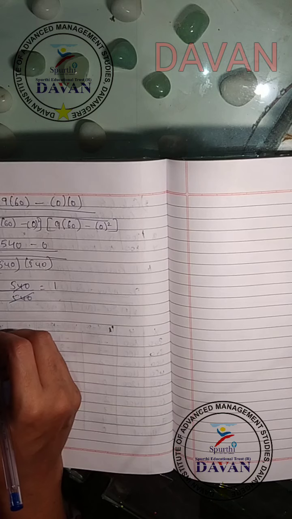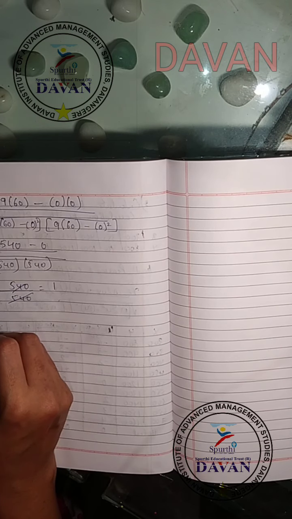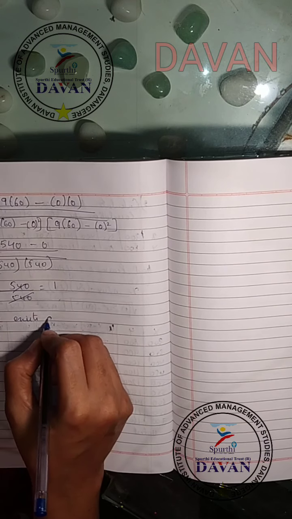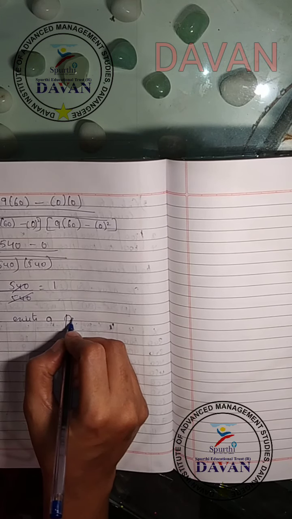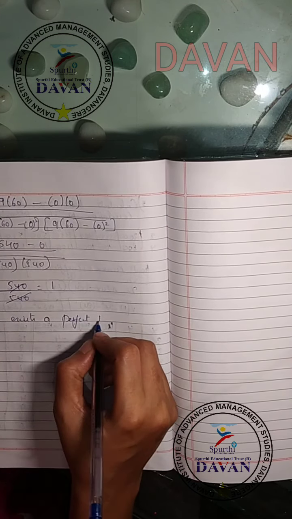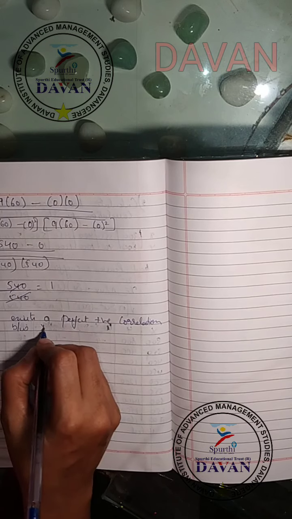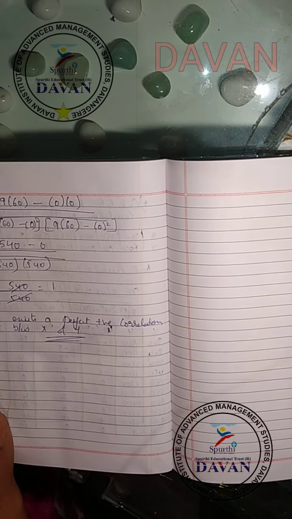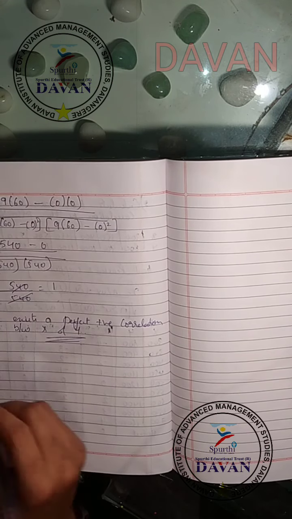So when you have the R value to be 1, then there exists a perfect positive correlation between X and Y. Whether or not they ask you for the comment, you are supposed to give the conclusion. That is the comment or the interpretation.